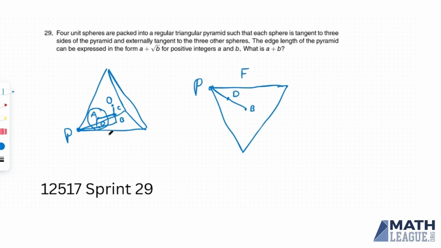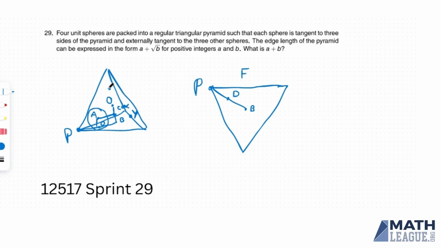So first of all, let's not draw in all 4 of the spheres, but let's represent their centers. Let's call the centers of the 2 spheres that are tangent to our face F, X and Y. They don't have to be in exactly the correct place because we're not going to be drawing them in totally.